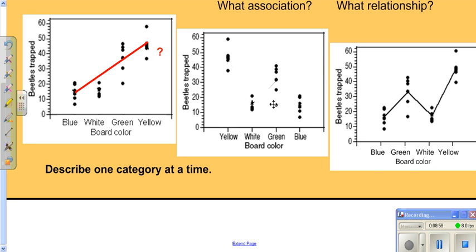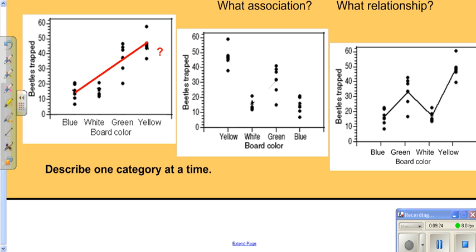And so then you could arrange them like this, and it almost looks like a negative association. Or you could rearrange them like this one here, and it goes up and then goes down and then goes back up. So when you're dealing with categorical data, scatter plots do not work when you're trying to put categories on your axes. Scatter plots only work when you have quantitative data on your axes and that you're comparing them.